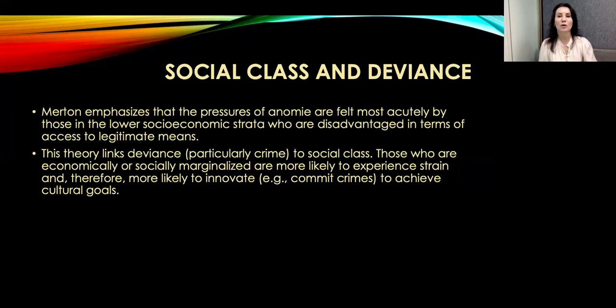Disadvantaged groups have less access to societal or legitimate means, and they end up taking different roads and are often considered deviants or criminals. This theory links deviance, particularly crime, to social class.